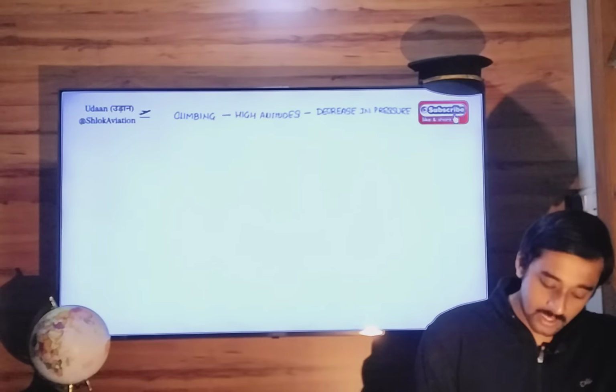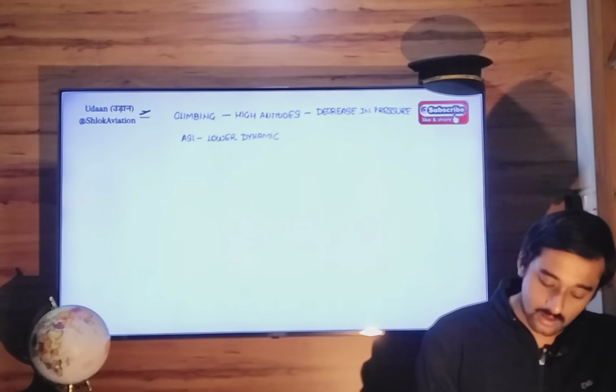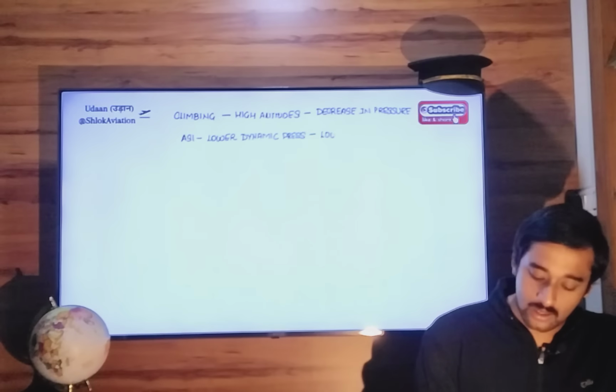A decrease in pressure means the ASI registers lower and lower dynamic pressure, hence a lower calibrated airspeed indication.